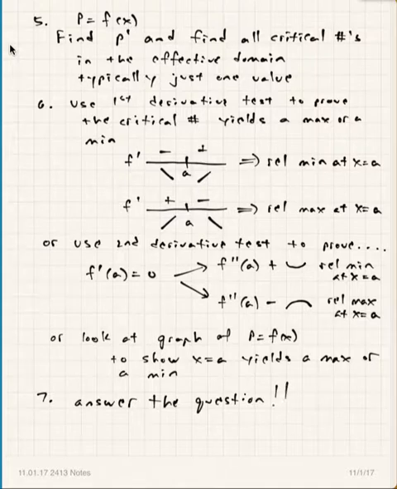So you go to the problem, make sure that you're actually answering what they've asked you to find. Okay, so that's our little method for finding optimal solutions for a problem. And now we're going to look at some examples of how to do this.